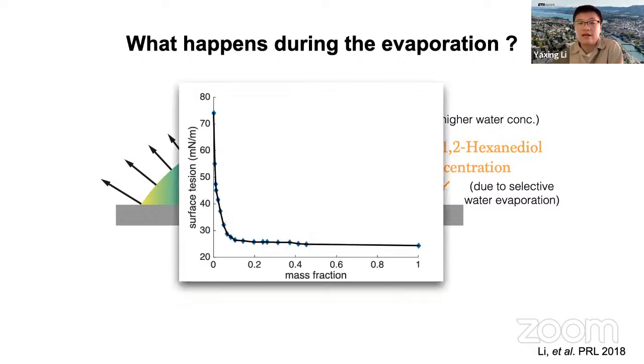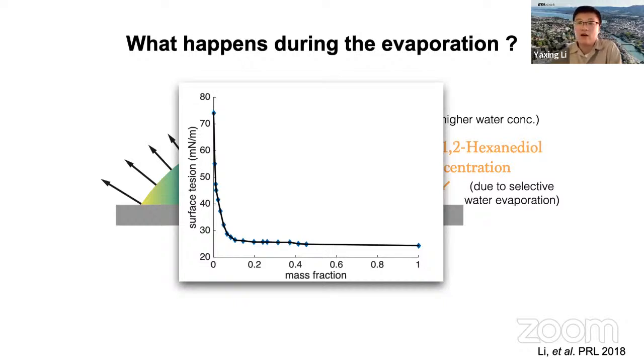However, in this case, hexanediol is normally taken as a liquid surfactant. For a surfactant, we know that after a critical concentration, no matter how much concentration gradient we have on the surface of the droplet, we no longer cause a strong surface tension gradient.